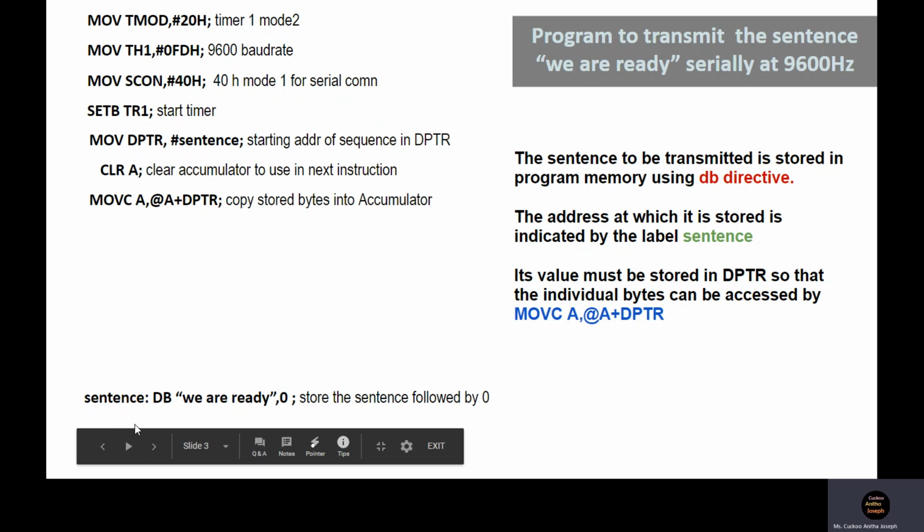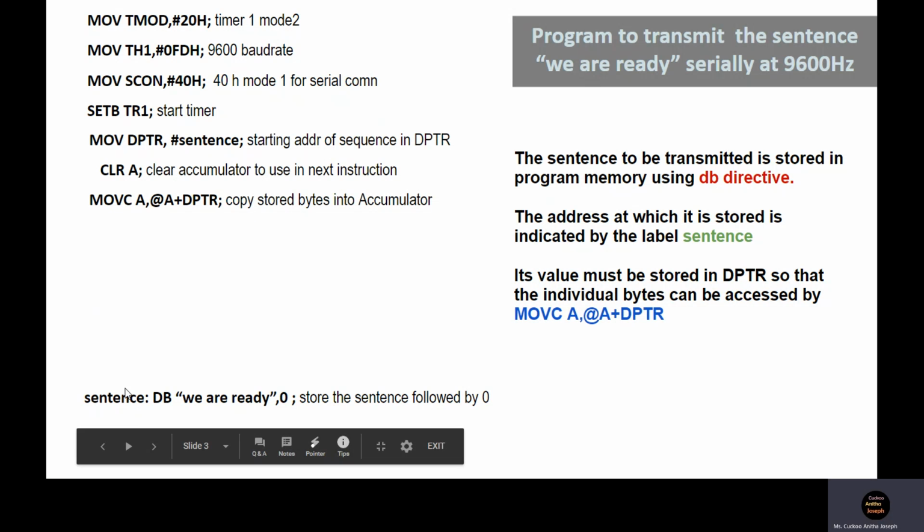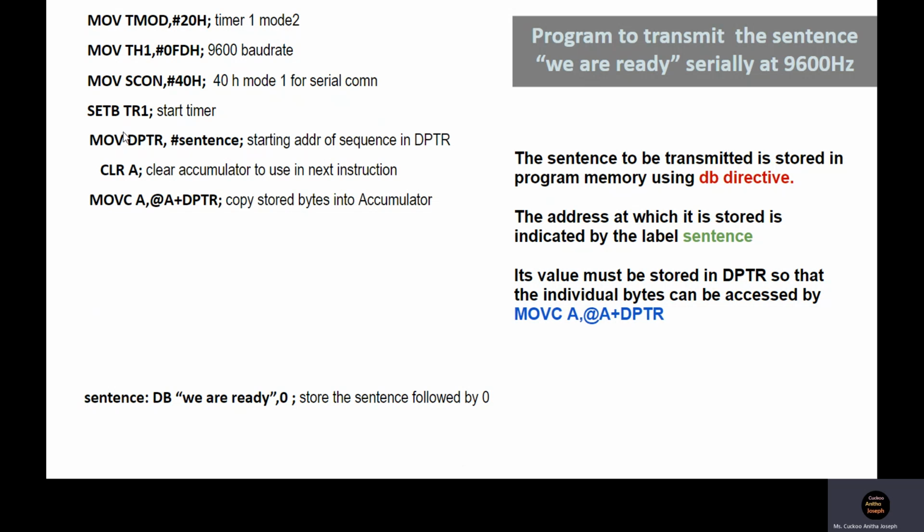Suppose this label corresponds to 3000H. When the machine code is generated, DPTR will contain 3000H. But for convenience, we can use the label in our program. Hash is compulsory since this is to be copied as an immediate value. So MOV DPTR, #sentence will copy the address corresponding to sentence into the data pointer.